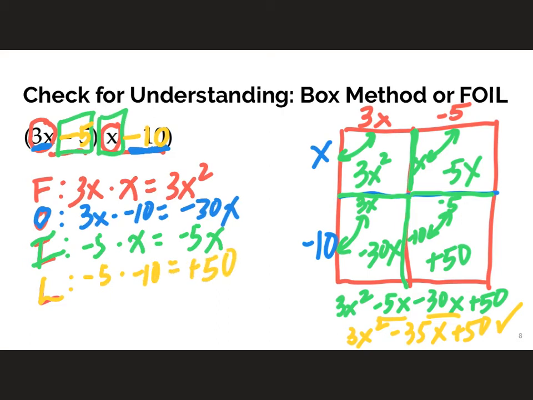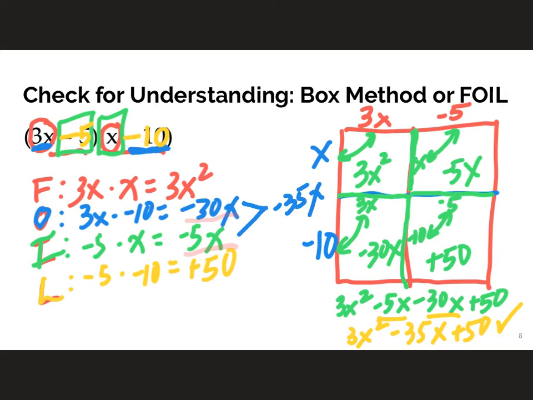There we go. Right, and then I see that I have two like terms over here, right? I have my first like term of negative 30x, and then I have this other like term of negative 5x. So using my magical powers of combining like terms, I see that these two actually simplify to negative 35x when I combine them together, right?